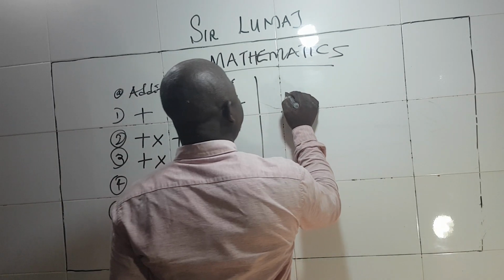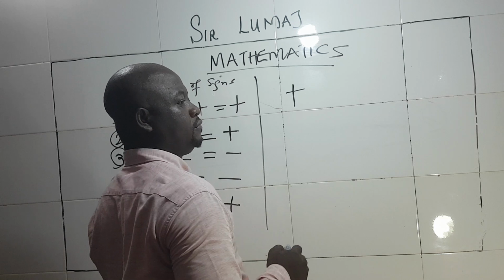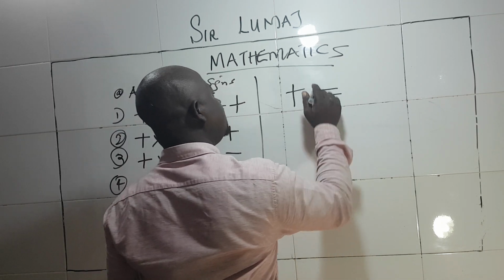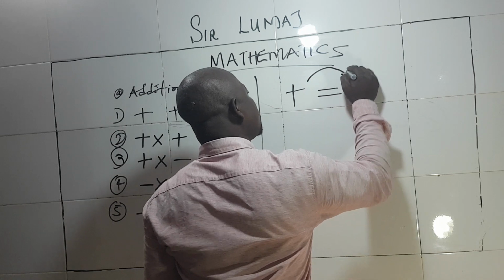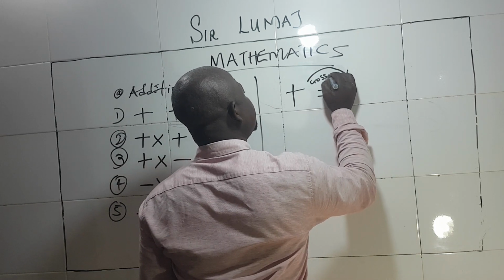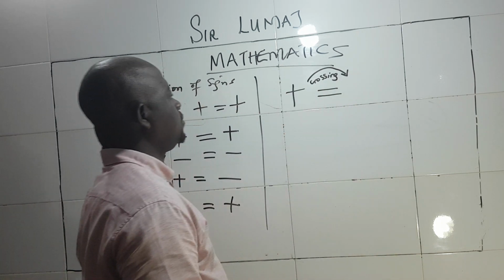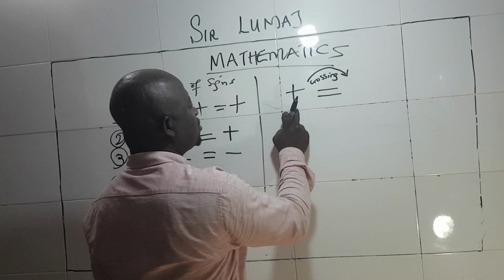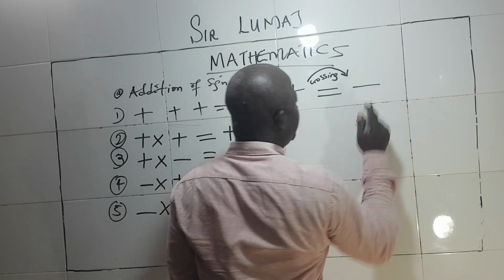If I have positive crossing this equal sign to this other side, in the process of solving an equation, this plus becomes minus.